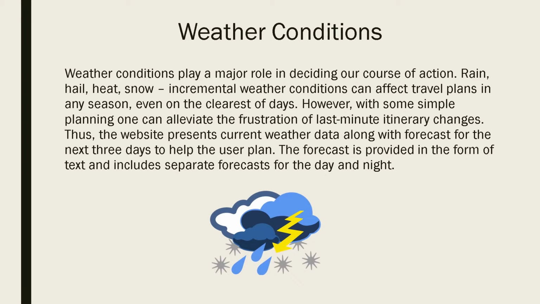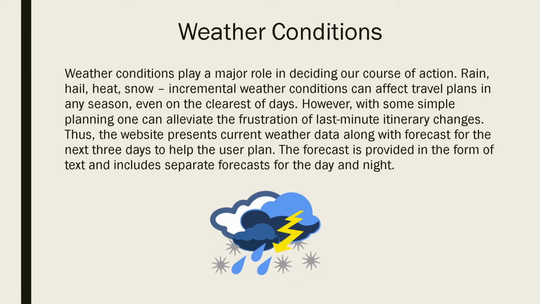Weather conditions play a major role in how a person plans out the entire day, especially when your plan of action depends upon the weather immensely. So instead of having to change your plan, you can look at the weather forecast. The website provides you the current weather conditions along with the weather forecast.